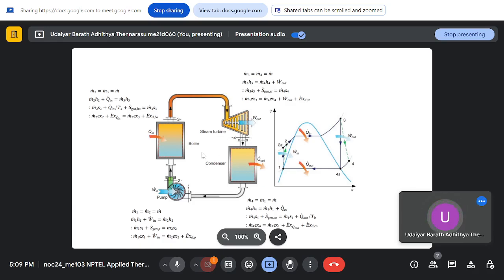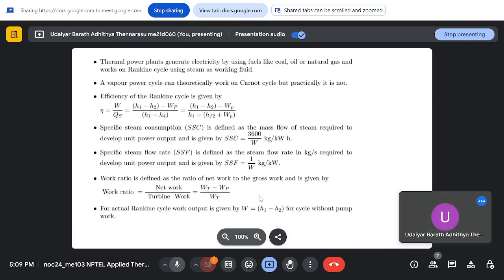It's how much work you are utilizing compared with what you are generating. So the efficiency is the net work divided by the heat added, Q in. So that will give you the efficiency of the cycle, and the rest of it you can get from the enthalpies at each of the points. So that's how a Rankine cycle works.